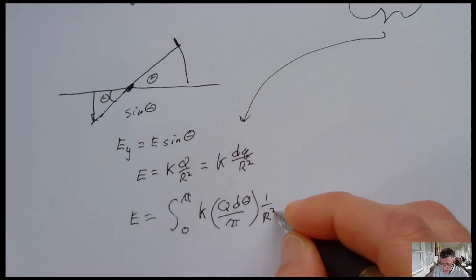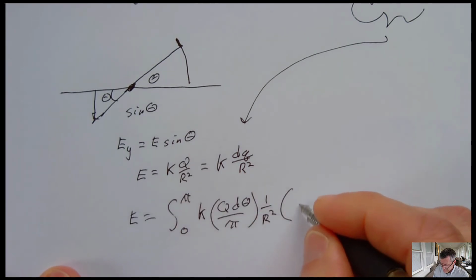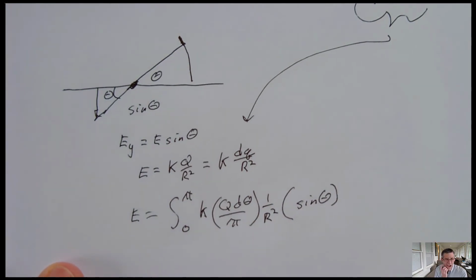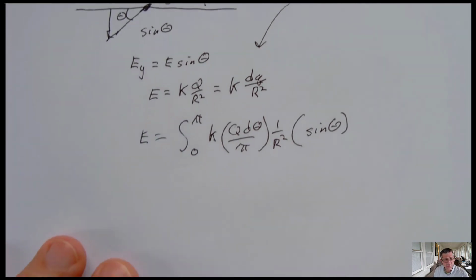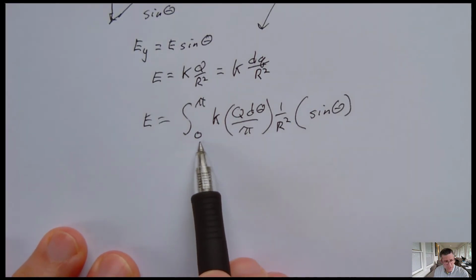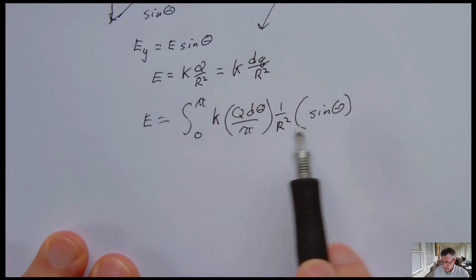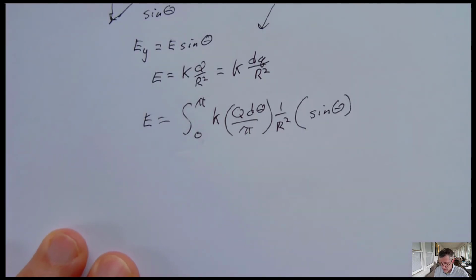Multiply this one over r squared, and I'm going to multiply by sine of theta to get just the y components. Now it looks kind of messy, but there are a lot of constants there, so I can pull this out, and the math isn't quite so bad. Right, so hopefully the concept makes sense. So I'm going to evaluate it over a half circle. I'm going to look at that small amount of charge and just the y component coming from that small amount of charge that's generating the electrical field.